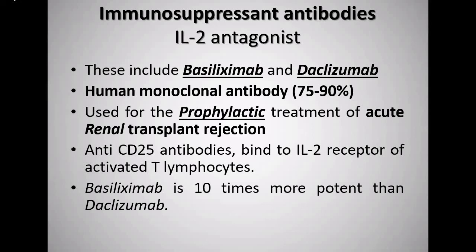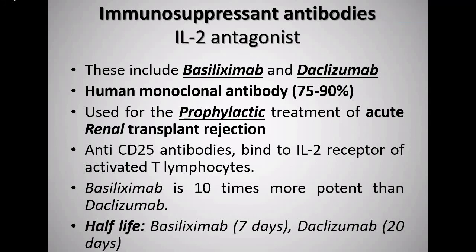They are two humanized monoclonal antibodies, and they are used as prophylactic treatment in acute transplant or renal transplant rejection. Specifically, they bind to CD25, and ultimately they affect interleukin. All you need to remember is that they are interleukin-2 blockers and interleukin-2 receptor inhibitors.